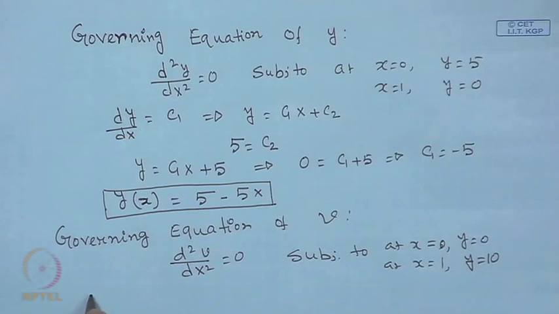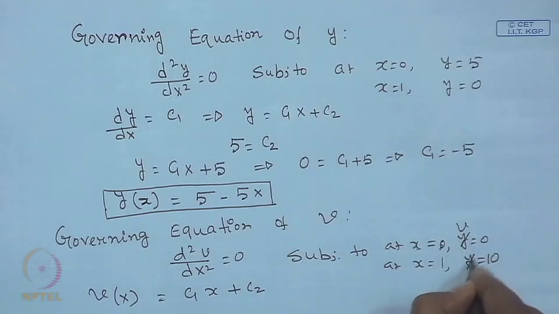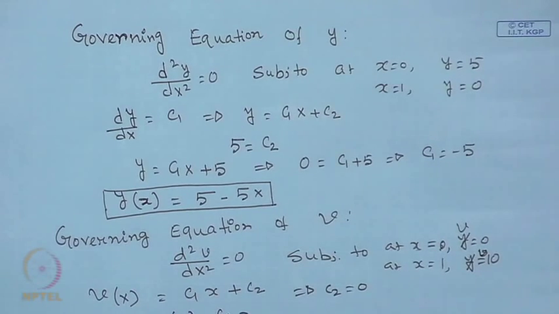So, again in this case the solution will be constituting of c1 x plus c2, and using these two boundary conditions we will be evaluating the c1 and c2. At x is equal to 0, v should be equal to 0. So, therefore, c2 equal to 0. So, therefore, v of x is nothing but c1 times x, and what is c1?